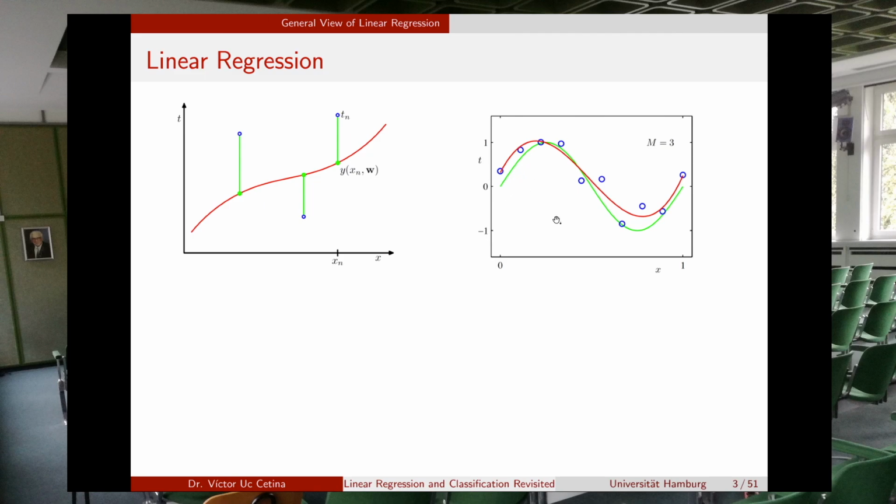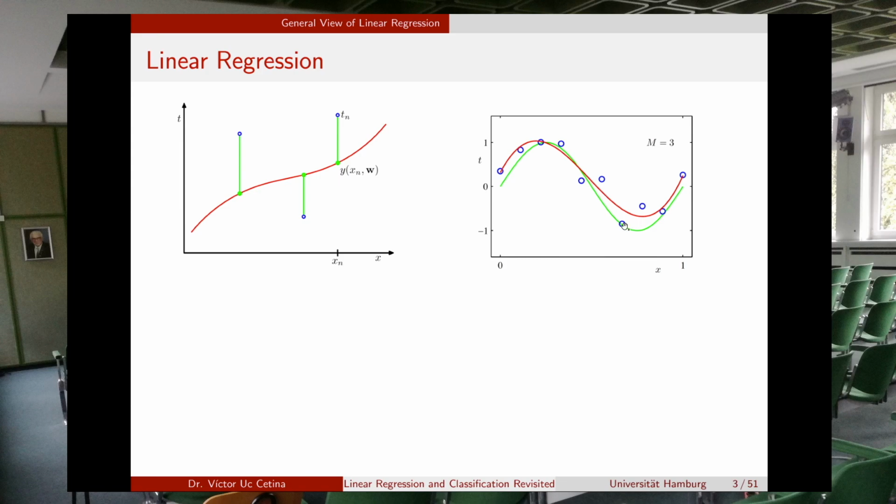Given this set of points, in this case we have 10 blue points here. These points were generated using the sine function, and we added some error to these points, so we avoid the points to be exactly over the green sine function.